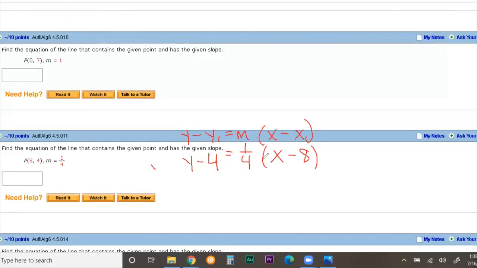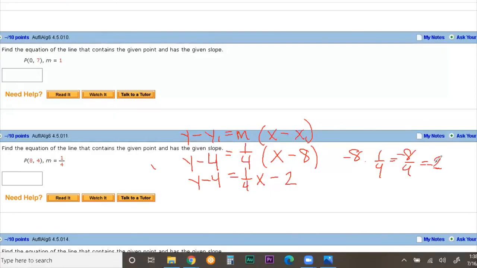From here, we have to distribute the 1/4. So I'm just going to bring down whatever I'm not working with at the moment. So 1/4 times x is 1/4x. Negative 8 times 1/4 is -2. Remember, we have 8 times 1/4, so it's 8/4, which equals 2, but because the 8 is negative, it'll be -2.